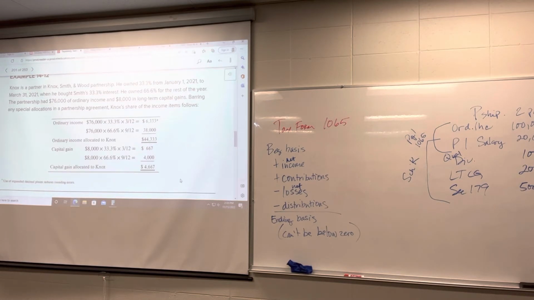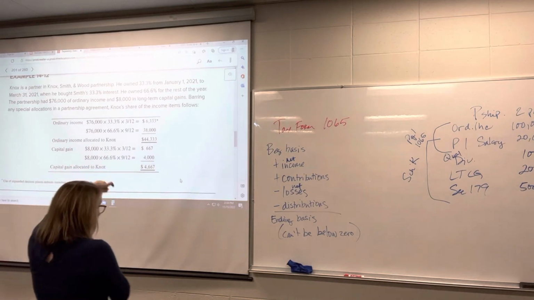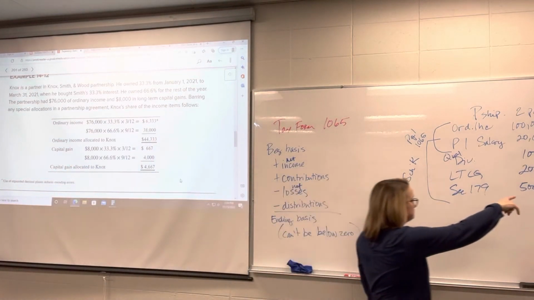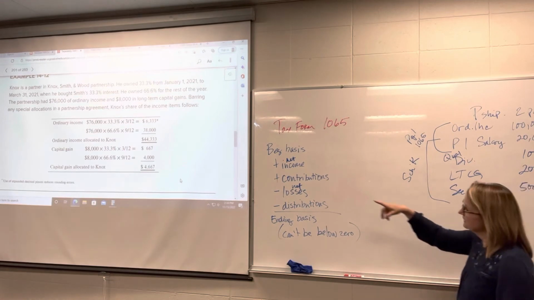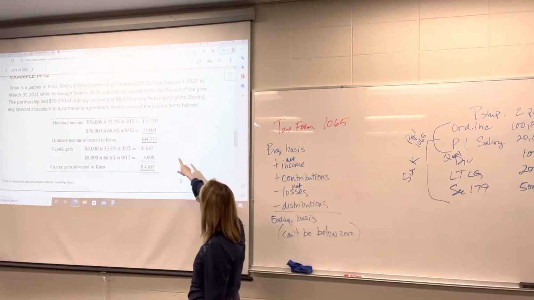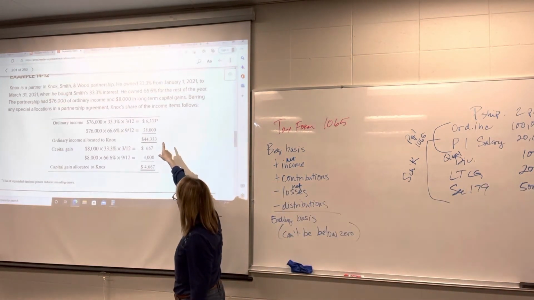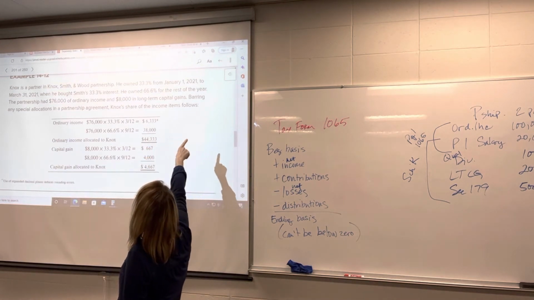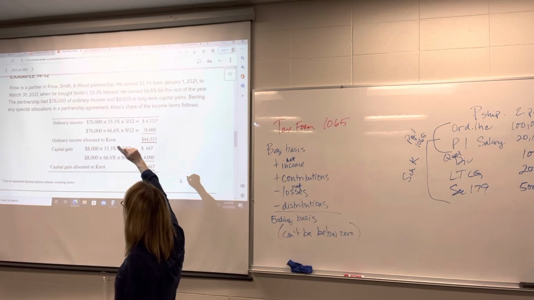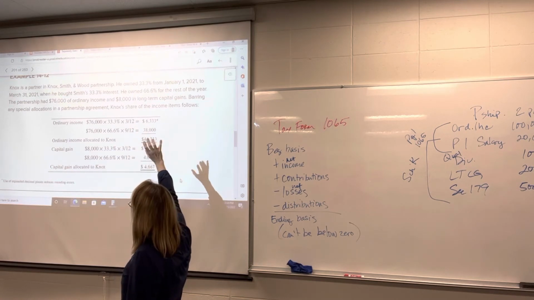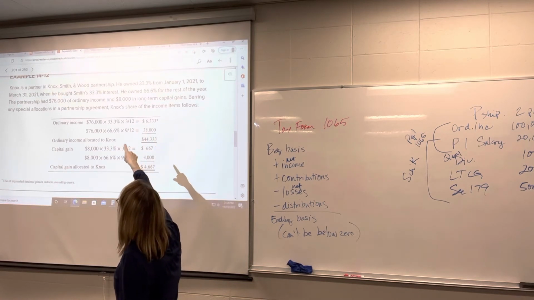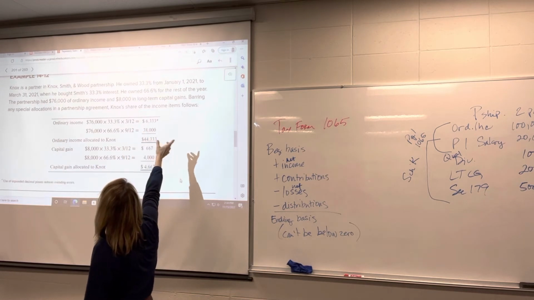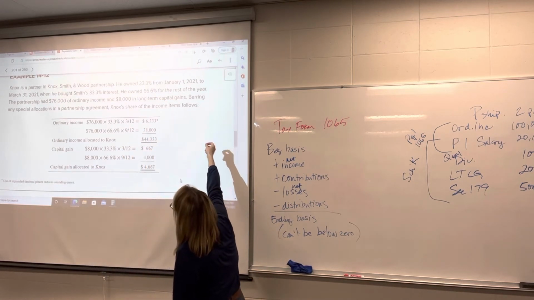Well, you have to allocate all of these items between what your ownership was for that part of the year. So for example, here we've got Knox, owned 33 1/3% from January to March, so 1/4 of the year, and then he bought out Smith, so now he owns 66.6%.